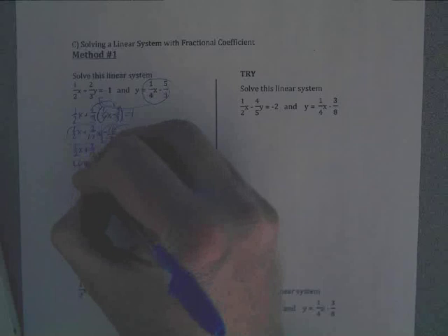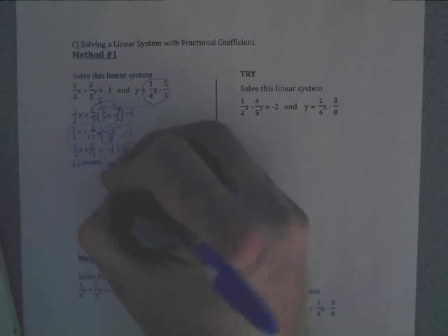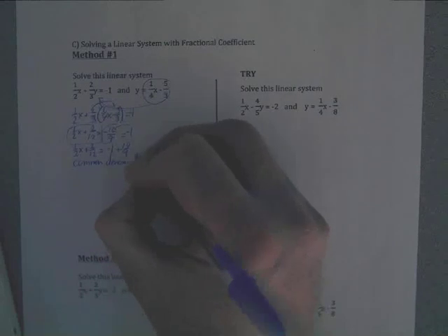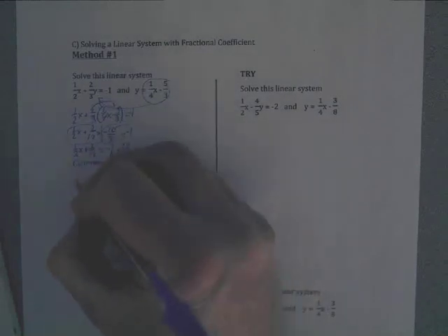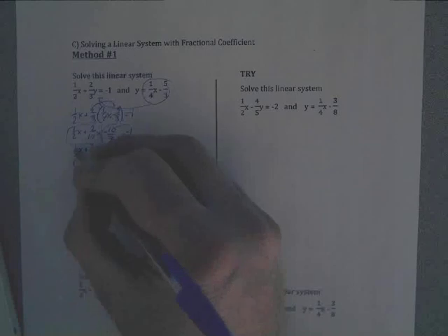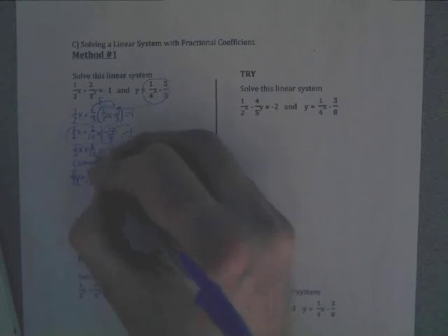You need a common denominator when you add or subtract fractions, so I will get a common denominator. The common denominator is 12 here, so 2 times 6 is 12, so 1 times 6 is 6. I do not need to change this one.